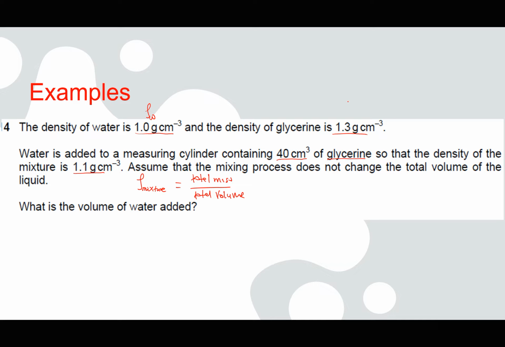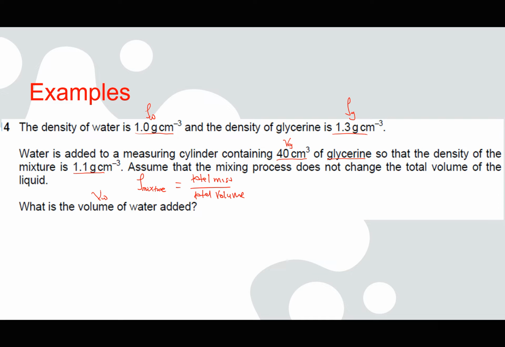The density of glycerin, I'll call it rho G. For glycerin, water is added in a measuring cylinder containing 40 centimeters cubed of glycerin. So this is going to be the volume of glycerin, I'll call it Vg. And therefore I'll call the volume of water, I'll call it Vw.